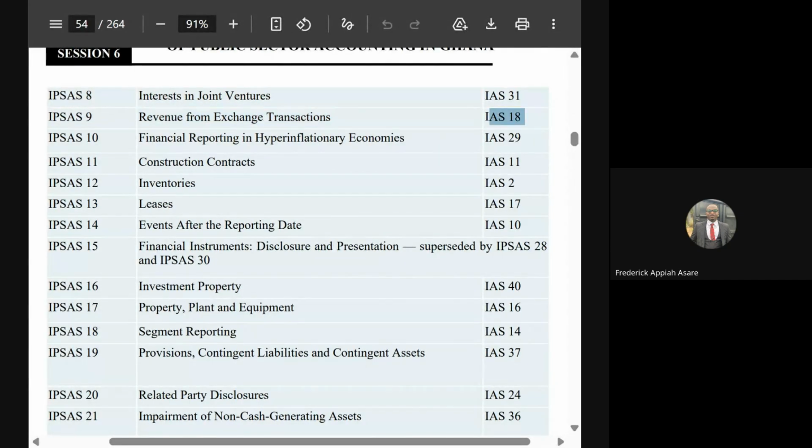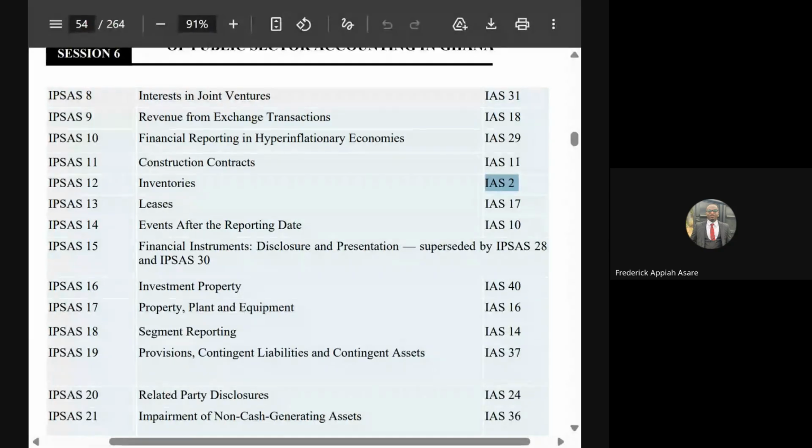This is IAS 18. It is no more IAS 18, it is IFRS 15. IPSAS 10 is financial reporting in hyperinflationary economies, which is IAS 29. We have IPSAS 11, which is construction contracts, IAS 11. We have IPSAS 12, which is inventories, also IAS 2. IPSAS 13, leases, is IAS 17.